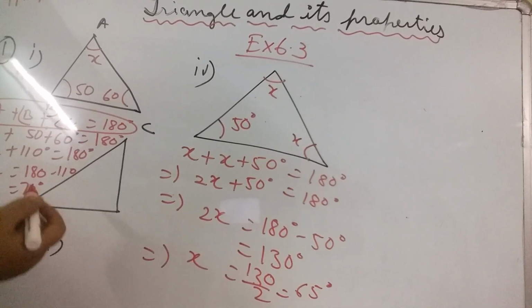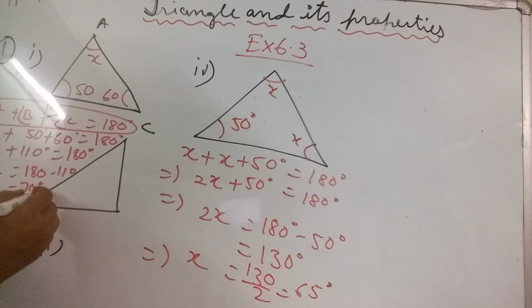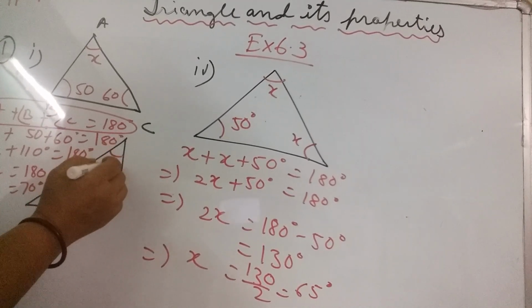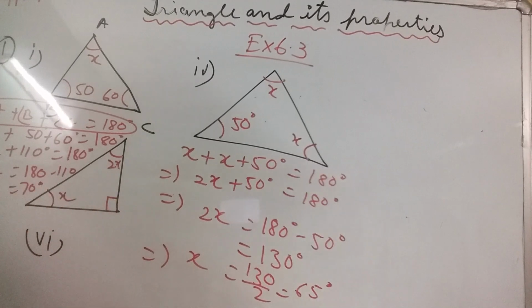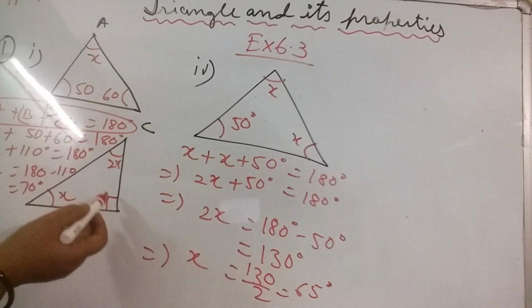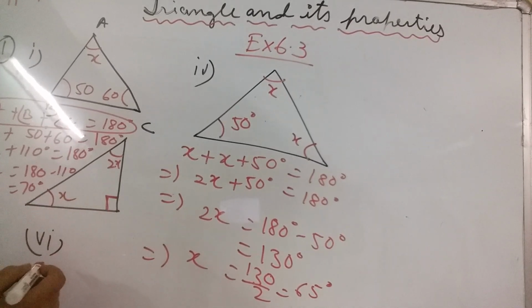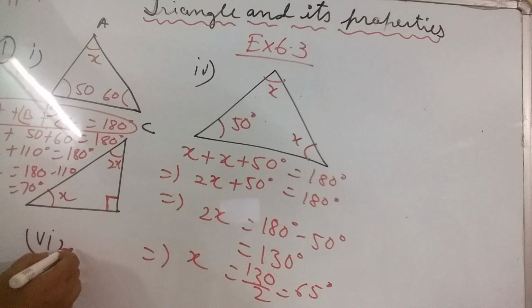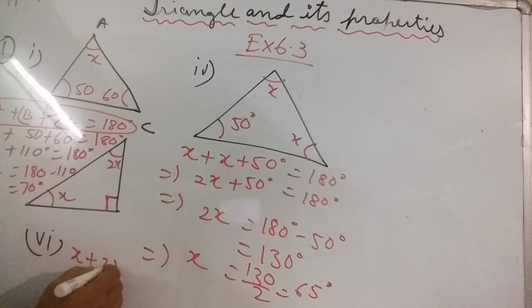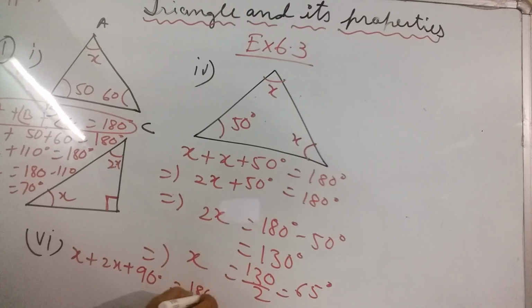Okay, now next is question number 6 we will discuss. It is x and 2x, and this sign means 90 degree, as you must have learned by this time. So according to the angle sum property, we get x plus 2x plus 90 degree equals 180 degree.